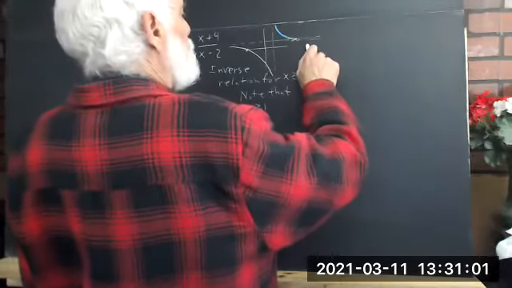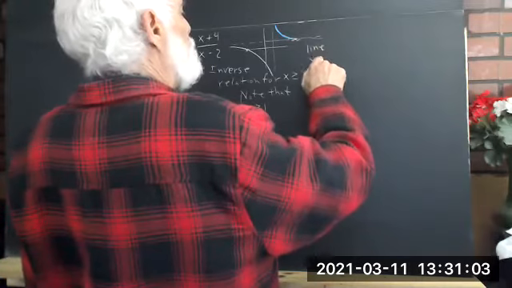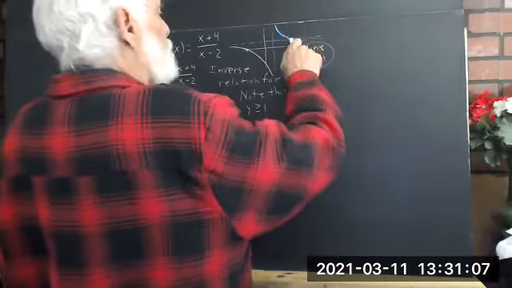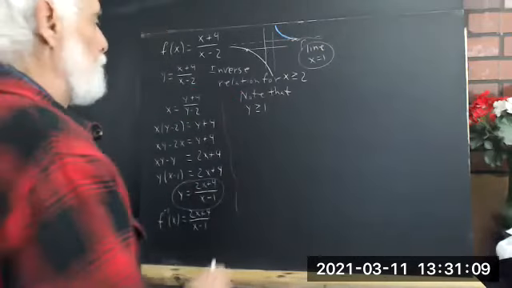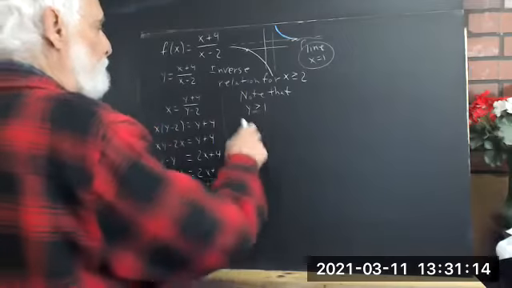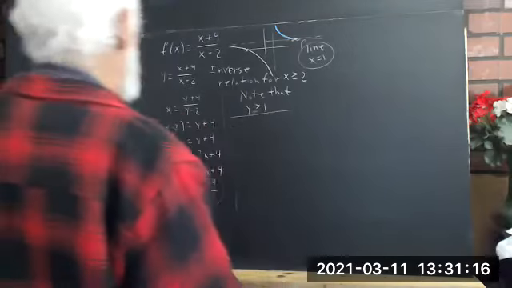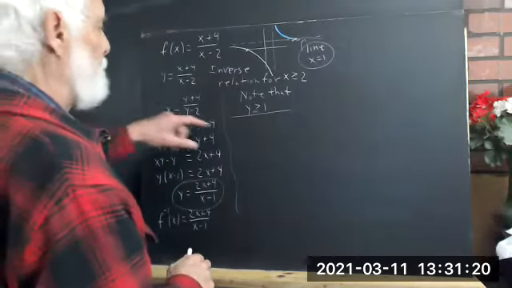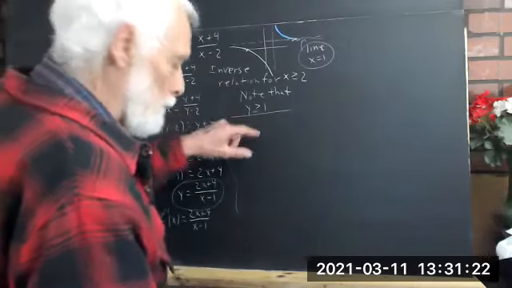This line here is y equal 1. So y is always greater than, not even greater than or equal to, it's greater than 1. Okay. When we invert, now it becomes x greater than 1.